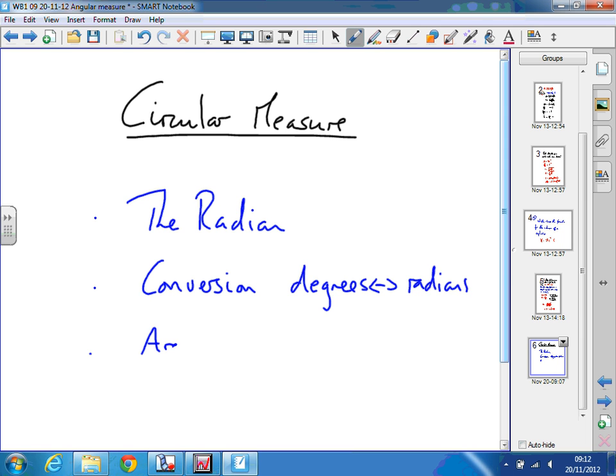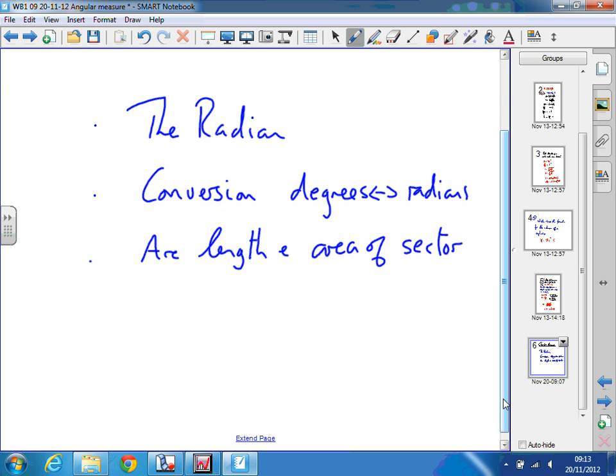Finding arc length and area of a sector, and finally linear and angular velocity. So that's the plan.